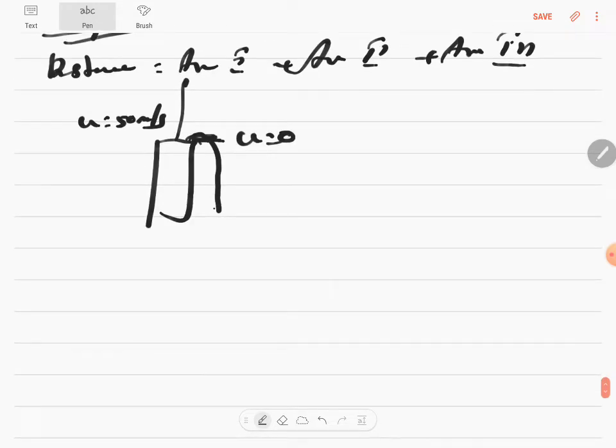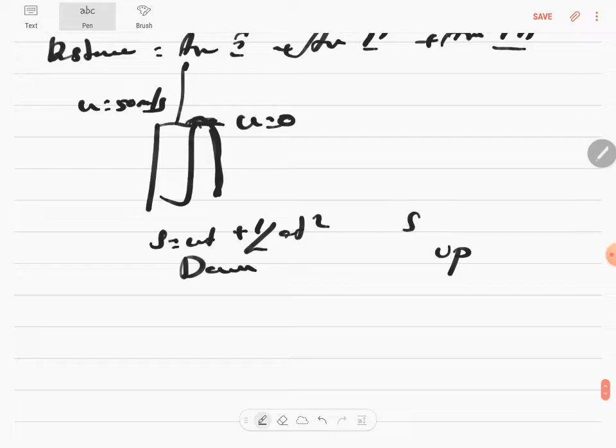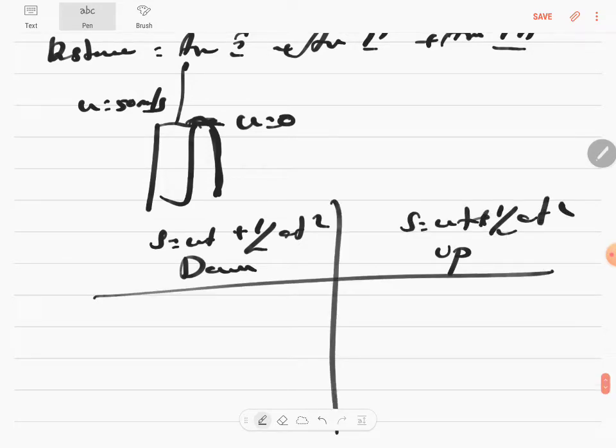So we are going to draw a graph for it, for which you should first tabulate. You should write S is equal to ut plus half at square for the ball which is thrown down, and for the ball which is thrown up, also S is equal to ut plus half at square. Like that you should write, and then start tabulating.